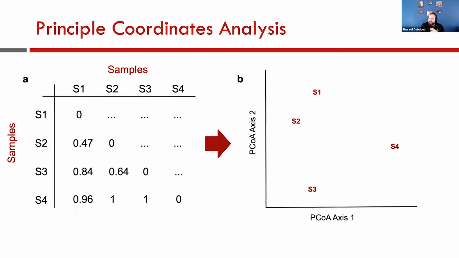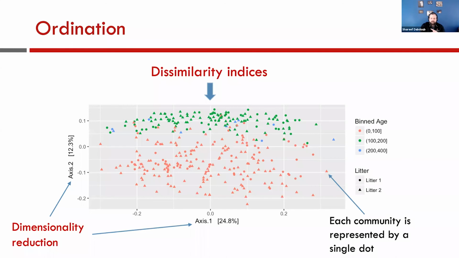But the proportion of a given eigenvalue to the sum of all the eigenvalues is how important each of the axes is. You'll see with these principal coordinates analyses that axis 1 is representing 24.8% of the variation, whereas axis 2 is representing about half of that.